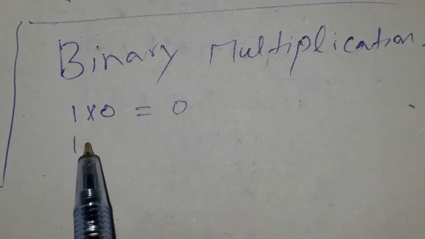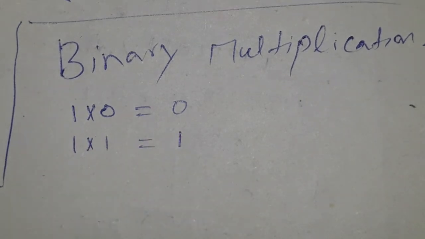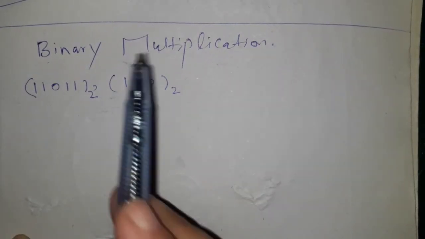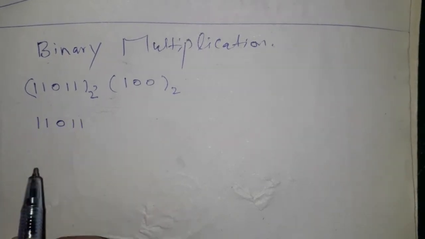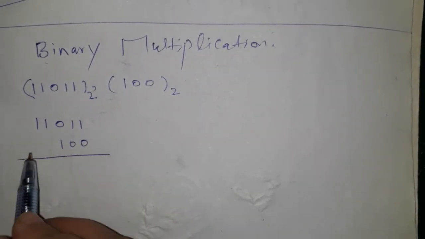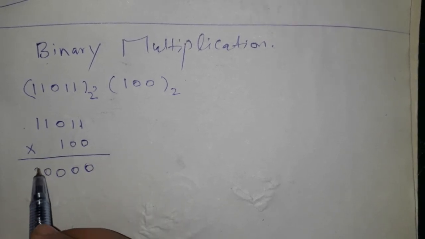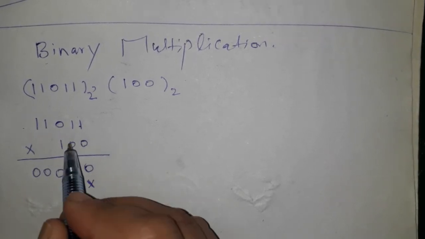Binary multiplication. Binary multiplication has the rule that 1 multiplied by 1 is equal to 1, and 0 multiplied by 0 or 1 is equal to 0. Example of binary multiplication: 0 multiplied by anything is 0 and 1 multiplied by 0 is equal to 0.